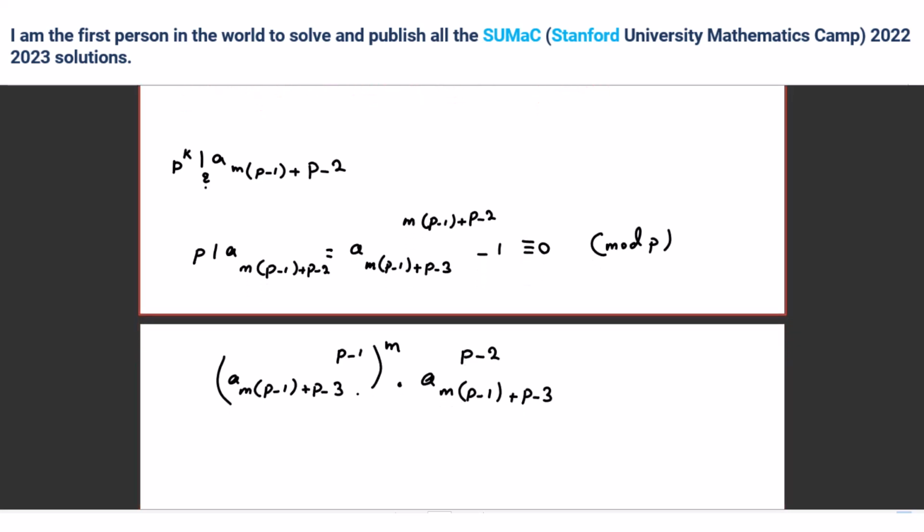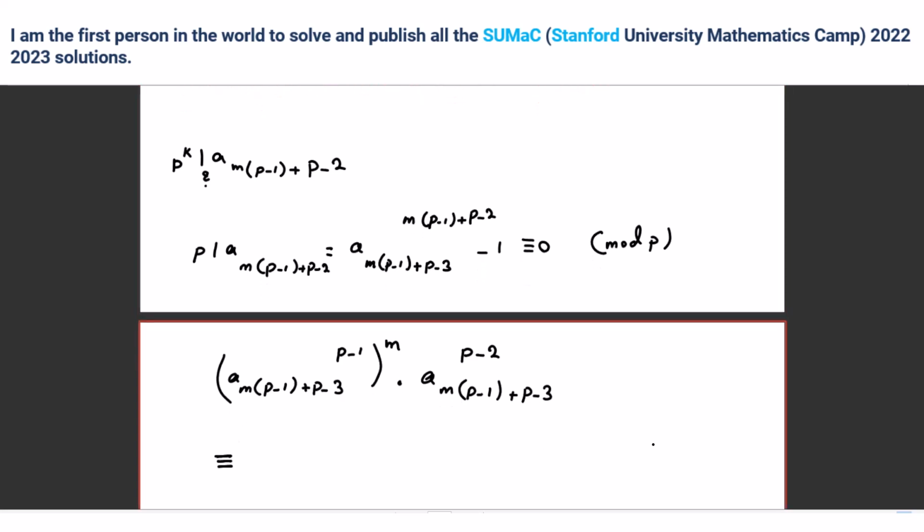Yes. Okay, so if you consider this one mod p, this one is what? Let's call this number, let me call y, a to the mp minus 1 plus p minus 3. It would be easier to work with.